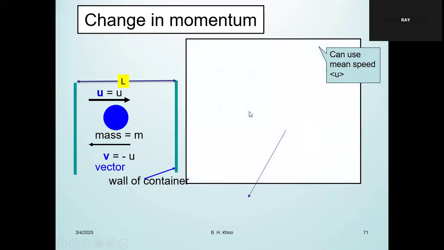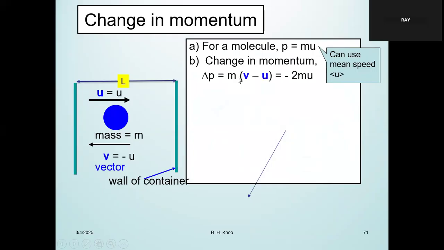It is a vector quantity. So for the change in momentum, final momentum minus initial momentum: if the initial is m u, the final becomes minus m u. So that's why we get minus 2 m u.